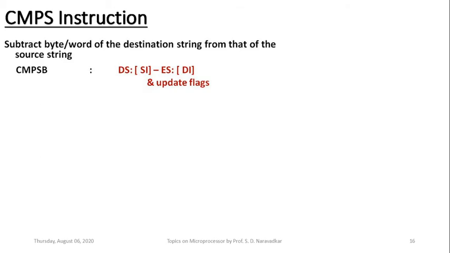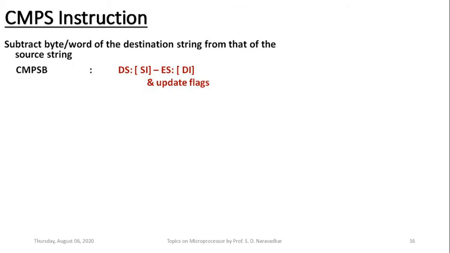It means that the comparison of two bytes will be carried out, source byte minus destination byte, and only if both source and destination string bytes are equal, the zero flag is set to 1. So update the flags or check the flag, we mean especially the zero flag.